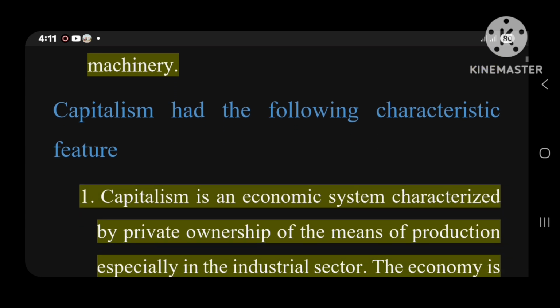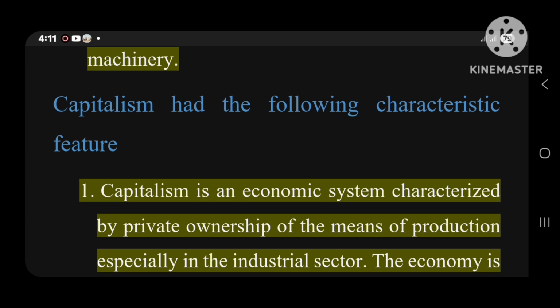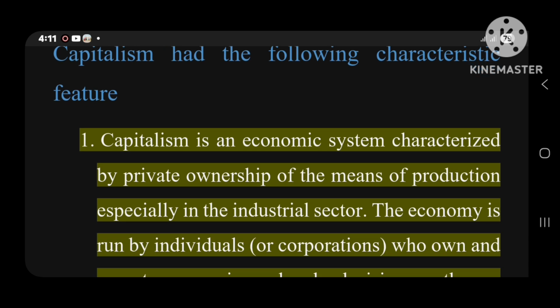One very important feature of capitalism is having private ownership. When you say private ownership, in capitalist relations it permits individuals to run and have their own industrial sector.